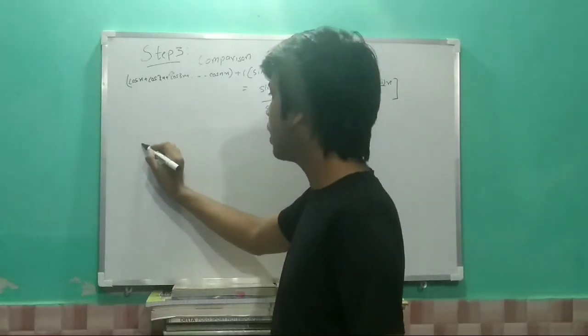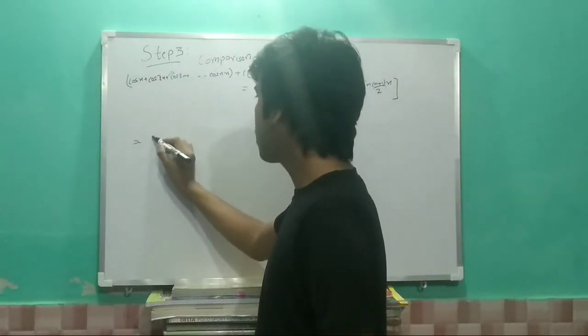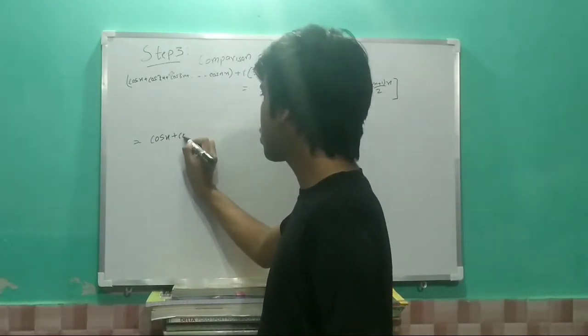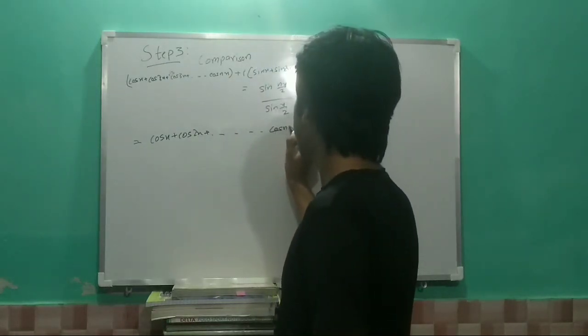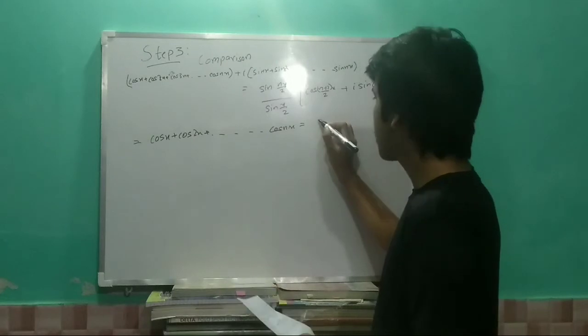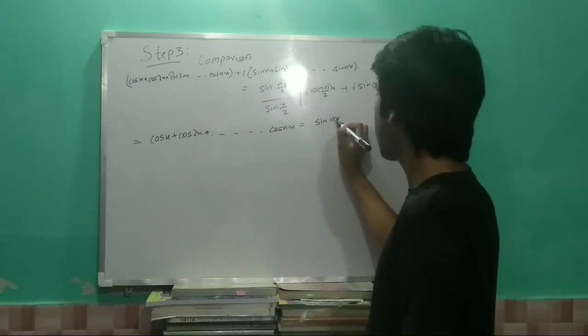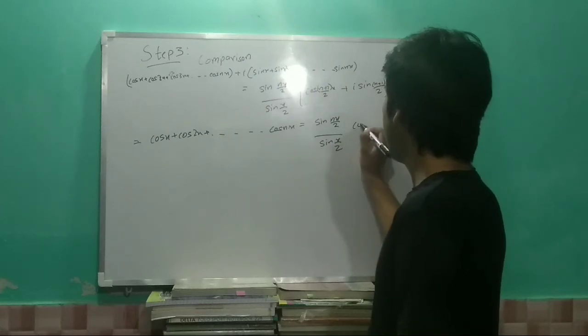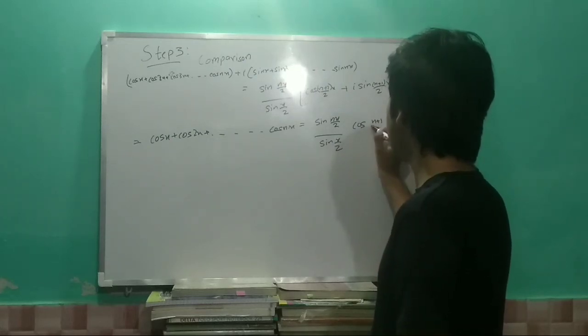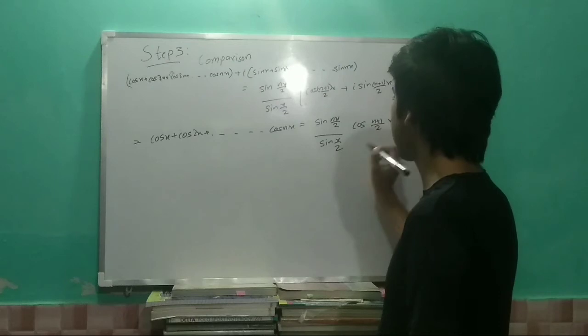are going to get our answer that cos x plus cos 2x up to cos nx is equal to sin nx by 2 over sin x by 2 into cos (n plus 1) by 2 into x.